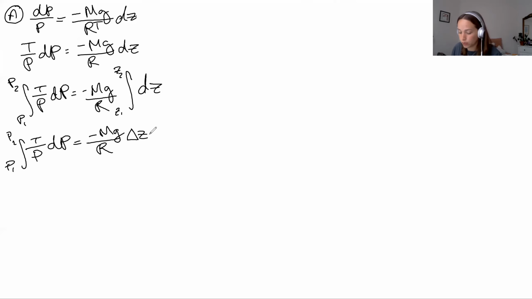And then for the integral on the left-hand side, we're going to need our equation B, which we just solved for. So I'm going to go ahead and write that one out so that it's easy to sub in. And that was T2 equals T1 times P2 over P1.